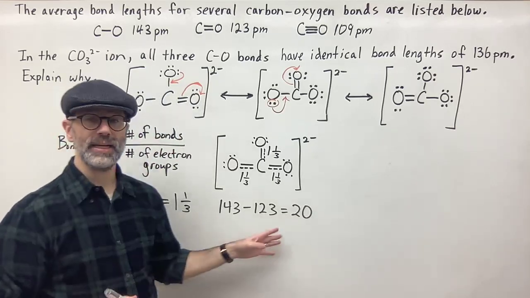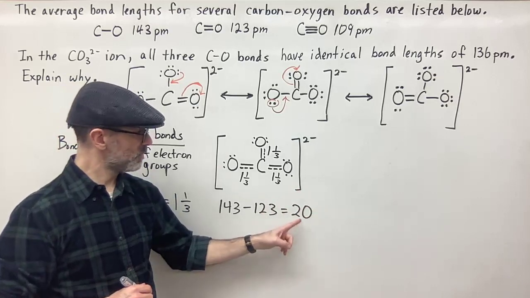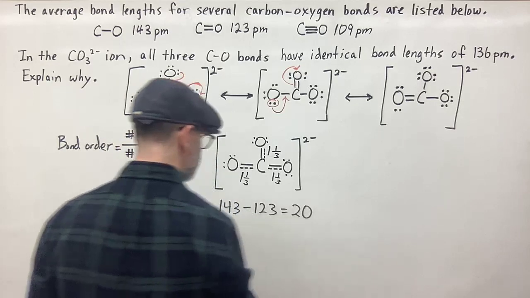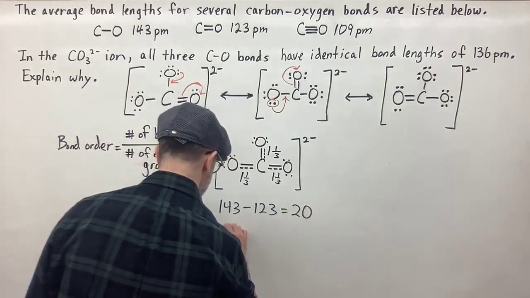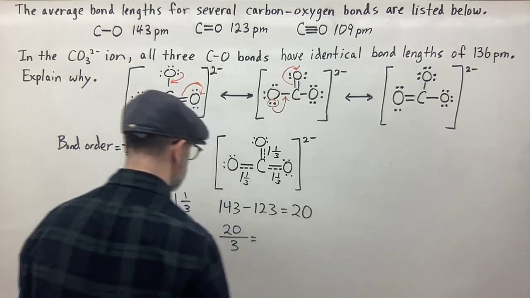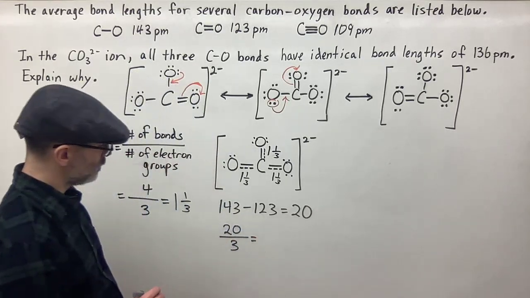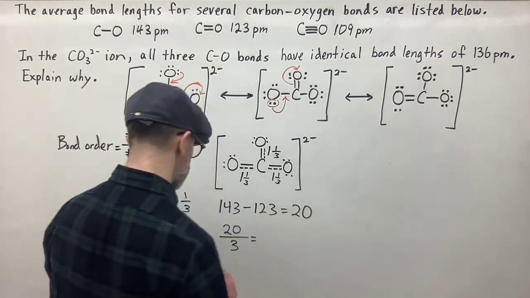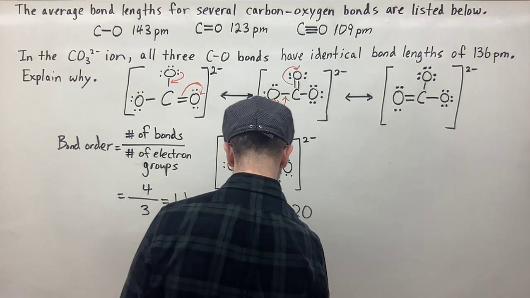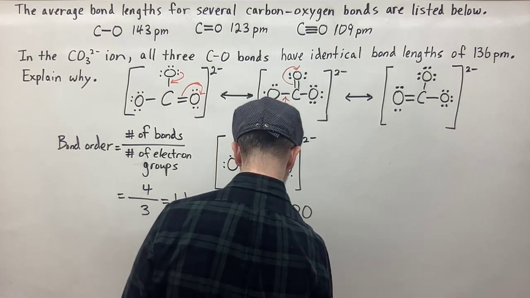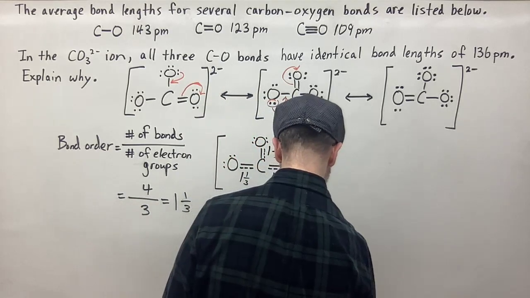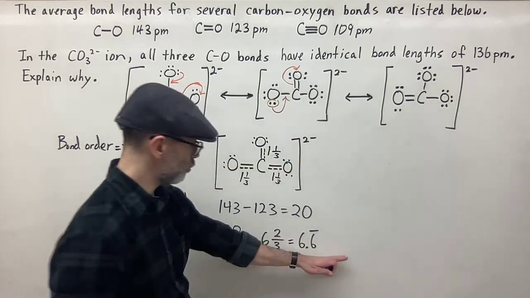Well, we can take 1/3 of 20, right? So if we take 20 and divide it by 3, we'll get 6 and 2/3, which is the same as 6.6 continued.